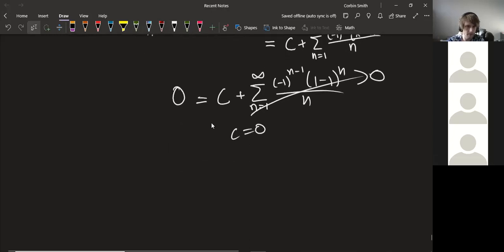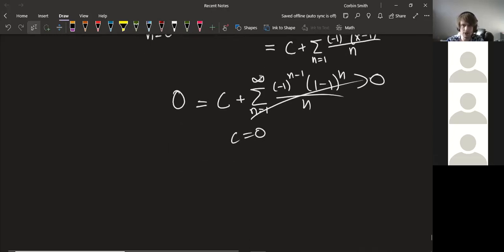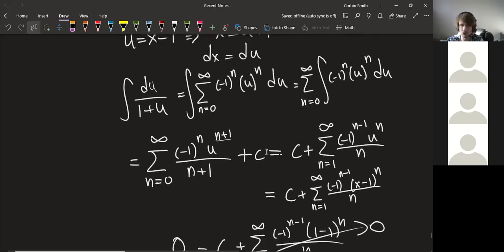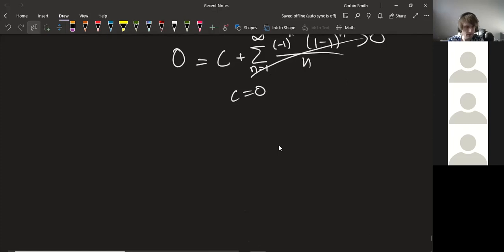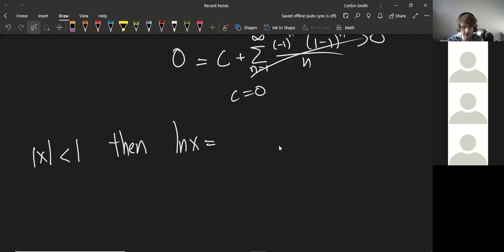One thing that I didn't mention, we use the geometric series here, so we're going to have to make a restriction on the size of u. So if the absolute value of x minus 1 is less than 1, then the natural log of x is given by this formula where it's centered at 1. So this is a Taylor series at 1.